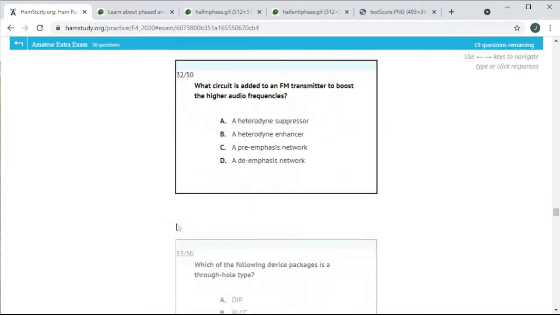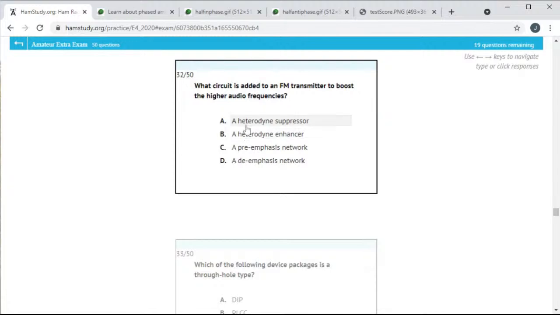What circuit is added to an FM transmitter to boost higher audio frequencies? A, heterodyne suppressor. B, a heterodyne enhancer. C, pre-emphasis network. D, a de-emphasis network.